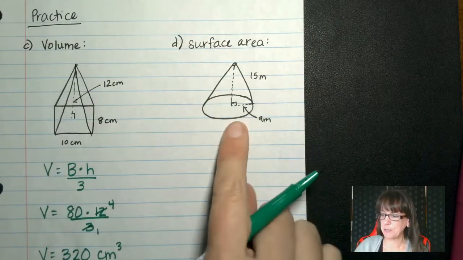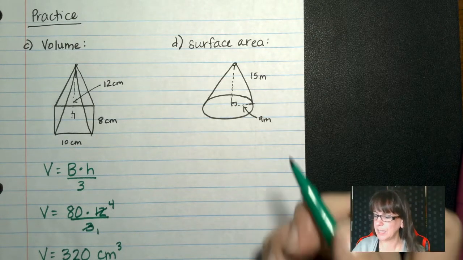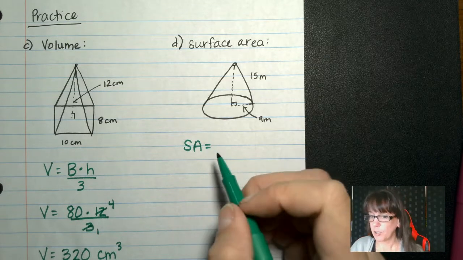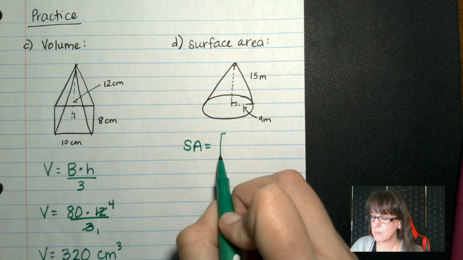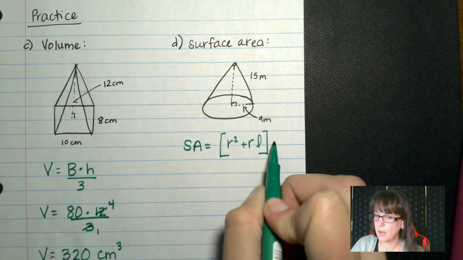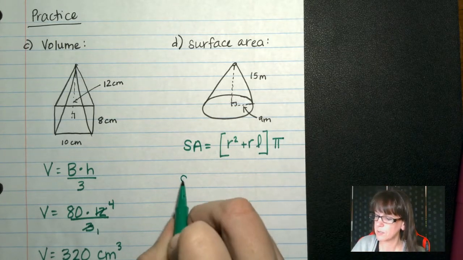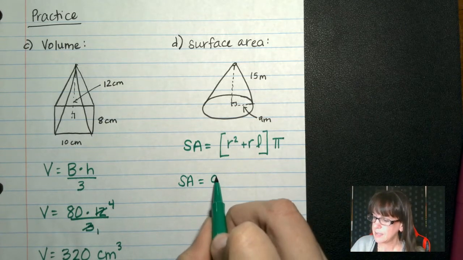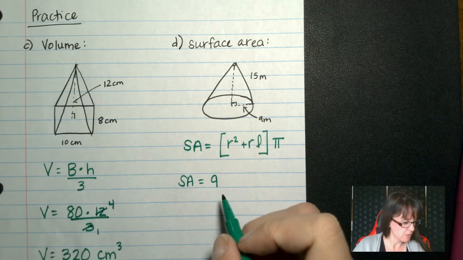All right, the surface area for this cone. Remember, surface area for our cone is going to be radius squared plus radius times the slant height, times pi. So the surface area is 9. Did I write that right? Let's just double check. Yeah, it is 9.